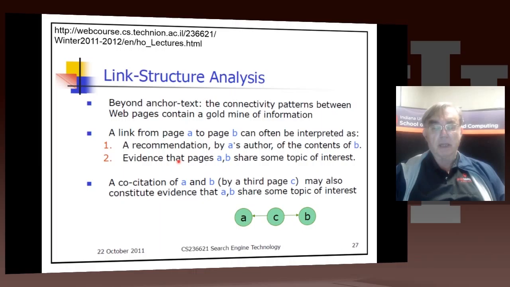It's also evidence that A and B share some topic of interest. We can also do it in a more complicated fashion by having a single page C. If it points to A and to B, there is some sort of link between A and B. They may actually be on different items because C could be a broad page and could cover various things, but they're still probably related because C is probably a coherent discussion of something.